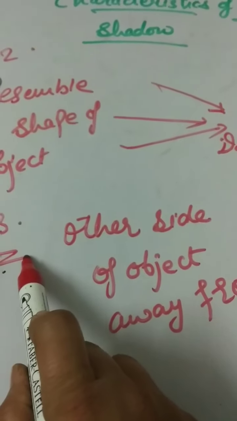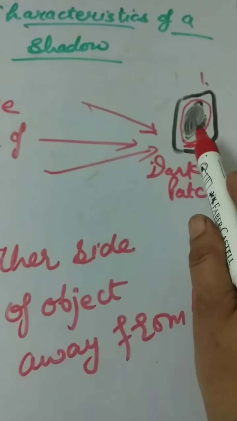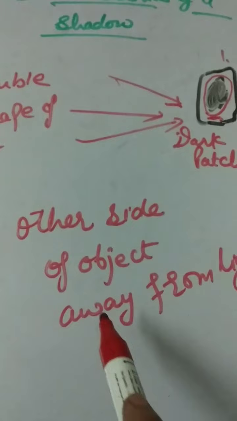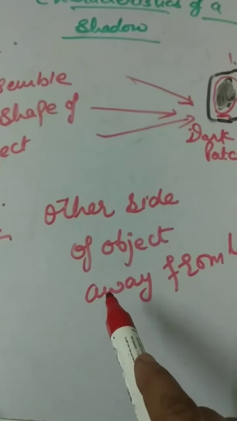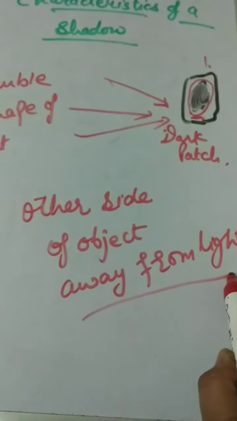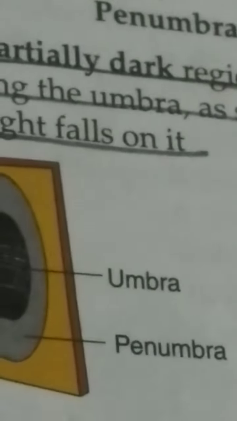Then third characteristic, shadow is formed on the other side of the object away from light. A shadow has two regions, umbra and penumbra. The central one is called umbra, the outer one is called penumbra.